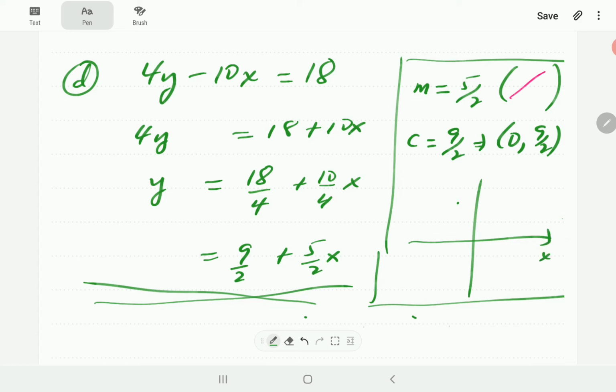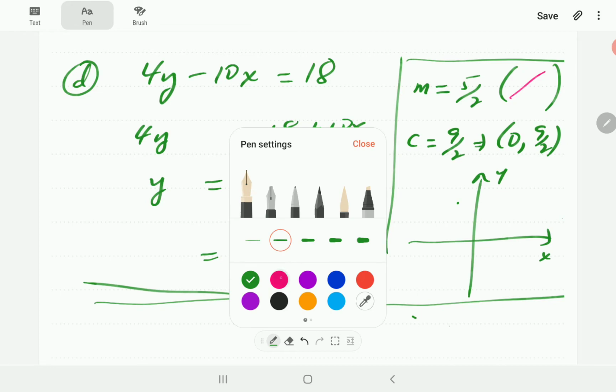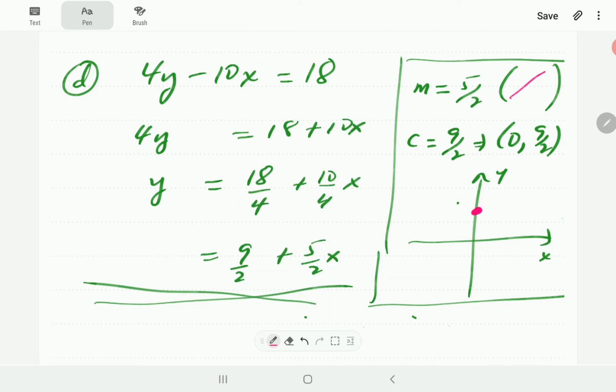So let's make a sketch of the line here. This line is going to intersect the vertical axis this side of the origin. It's going to be upsloping, so this line is going to look something like that.